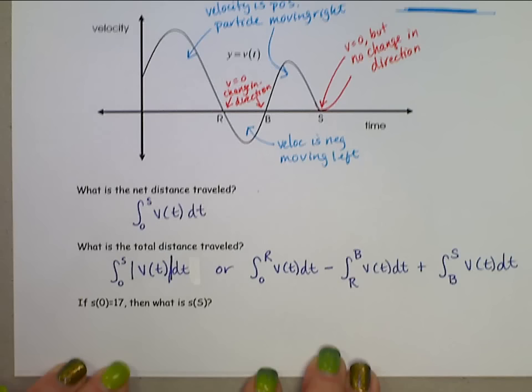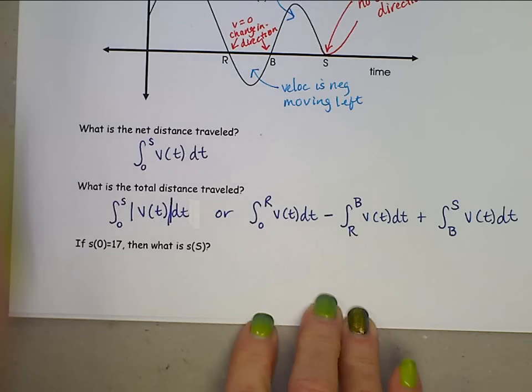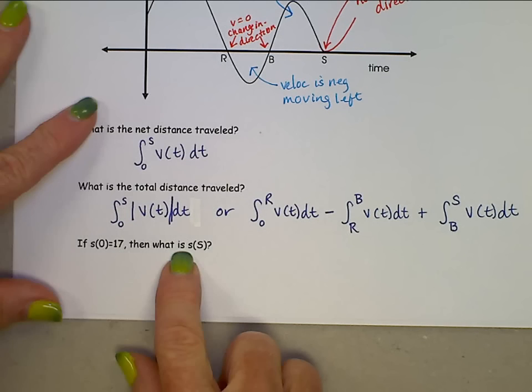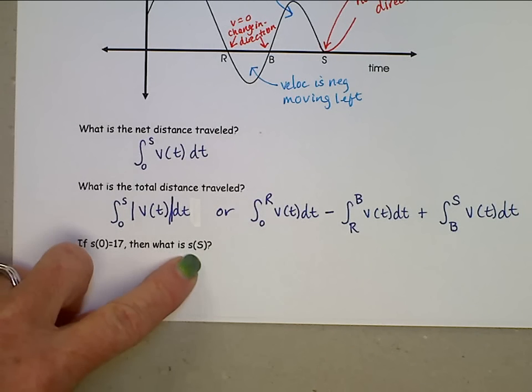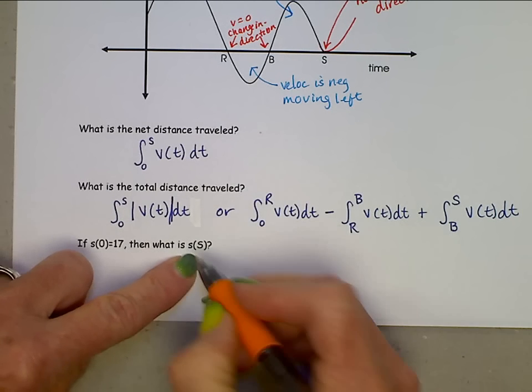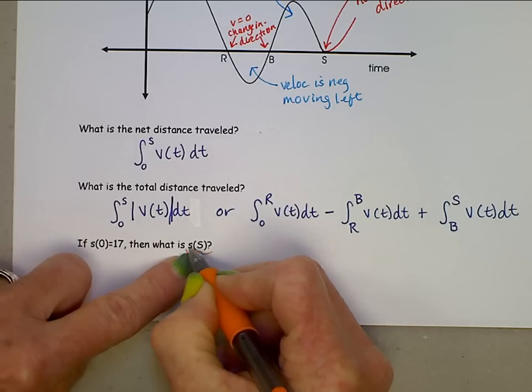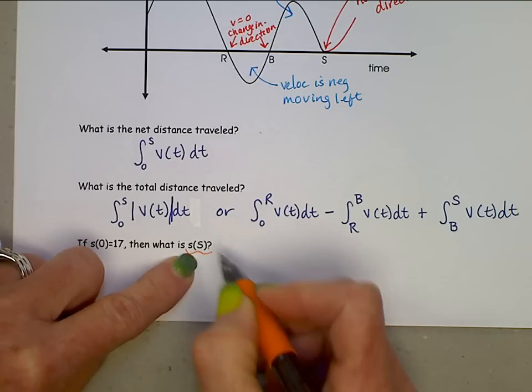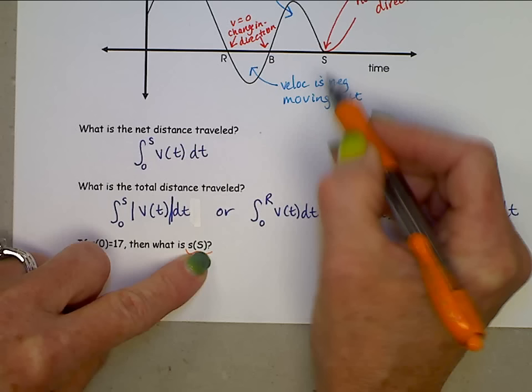If we look at this last one then, if s of 0 is 17, then what is s of S? And this notation is a little bit awkward here. The little s is position, and this big S up here is a time.